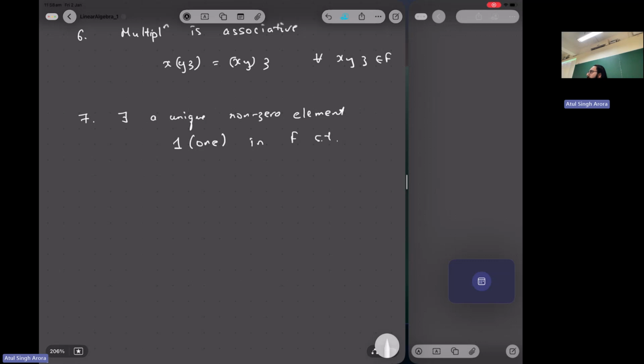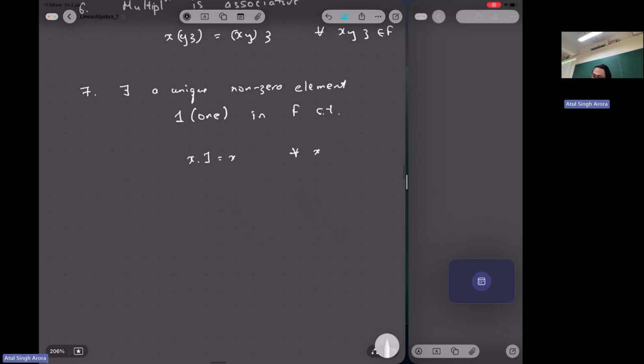So what should I write here? x times 1 equals x, exactly. So x times 1 is x for all x, just like how we defined it for addition.